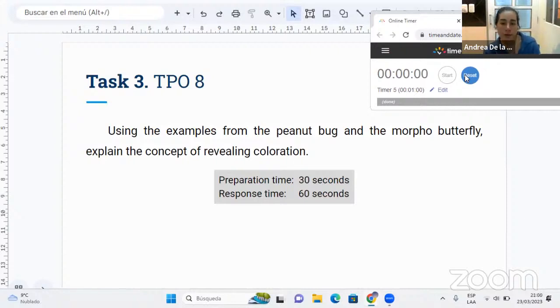So you can try to summarize a little bit more the morpho butterfly one and say, for example, on the other hand, or furthermore, the morpho butterfly does the same. Their strategy is similar to the one from the peanut bag. They use revealing coloration as a way to escape predators, right? I didn't really give any details, but I'm saying that in case you don't have a lot of time. So if that happens, it's okay if you don't mention too many details.